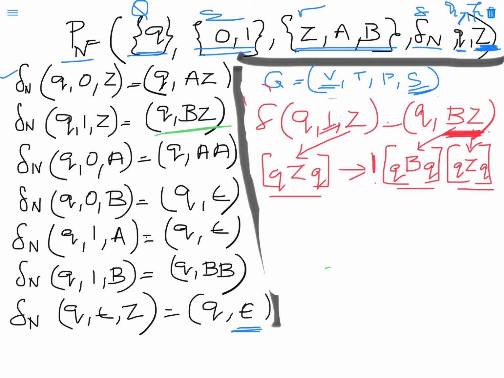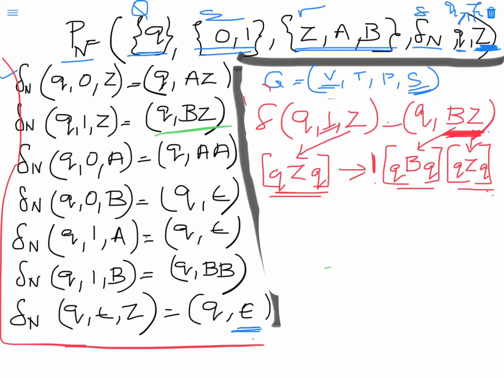This is a case where only one production is generated, because in the set of functions given here, only one state is there. If there are more than one state, if there are two states, then for a single function you have to generate more than one production. That we can see in the next example.